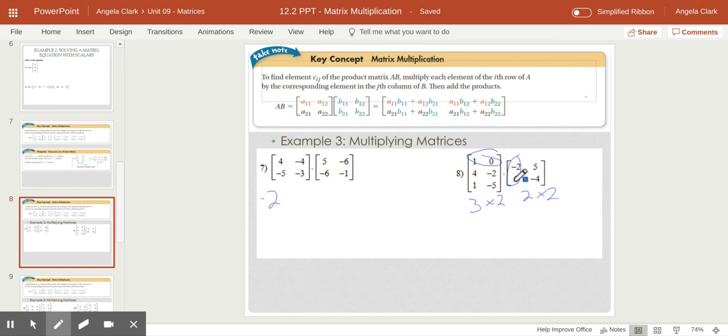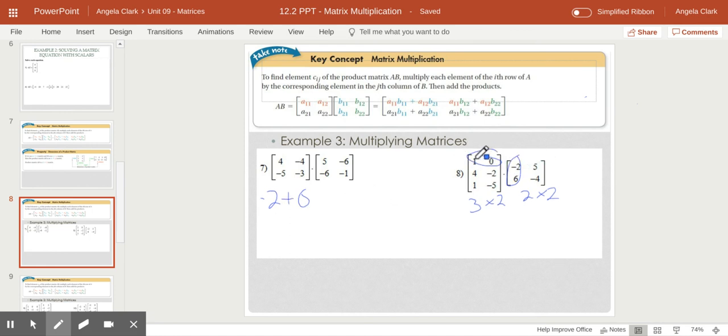And 0 times 6, which is just 0, so that would be plus 0, which I'm going to write for the sake of thoroughness, but you don't have to, because it's 0. All right, so that's first row, first column.